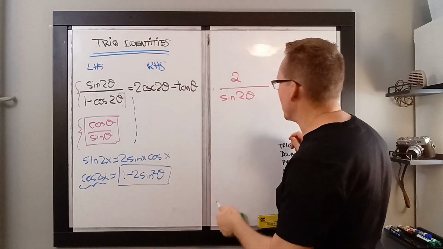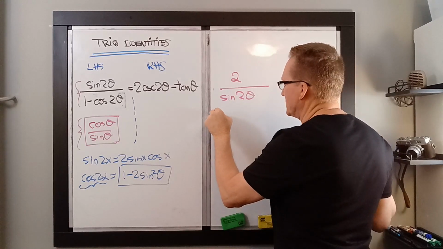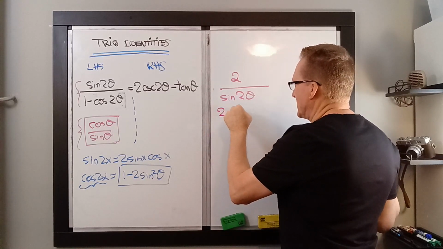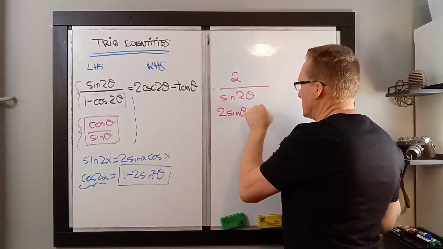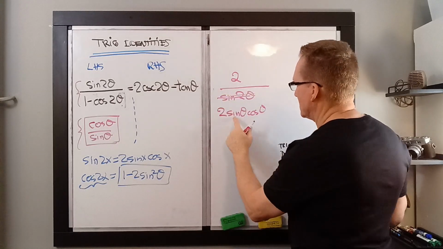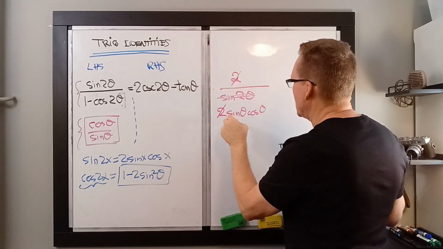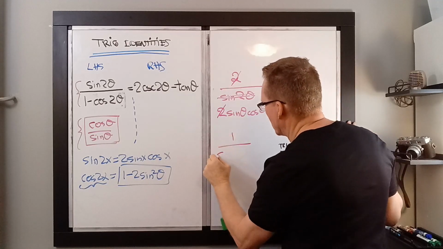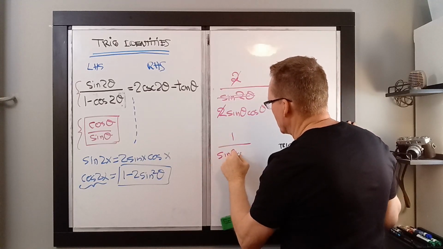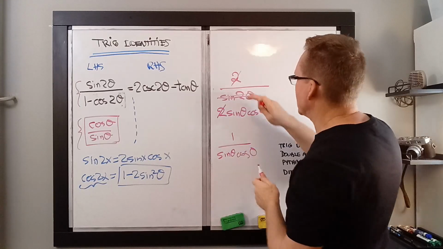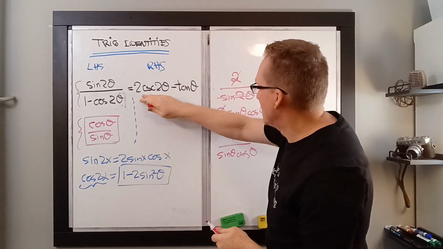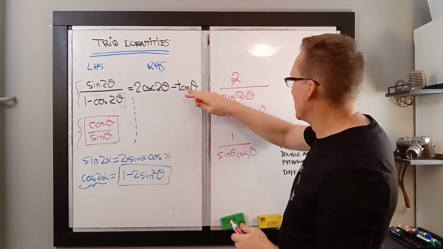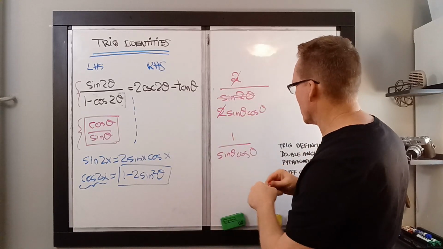So let's plug that whole thing in there. That whole thing would be 2 sine theta cos theta. That's all of this. Now we have this canceling with this. We're left with 1 over sine theta cos theta. That's for this term right here. Minus tangent theta.